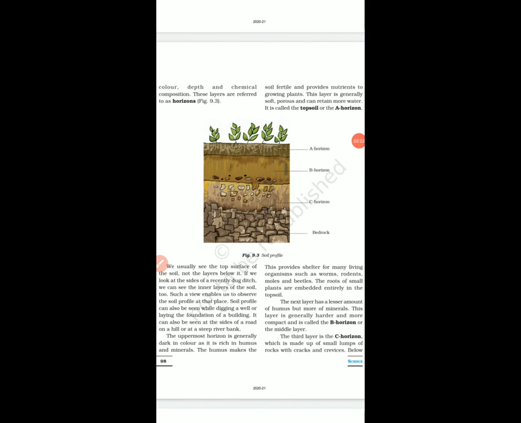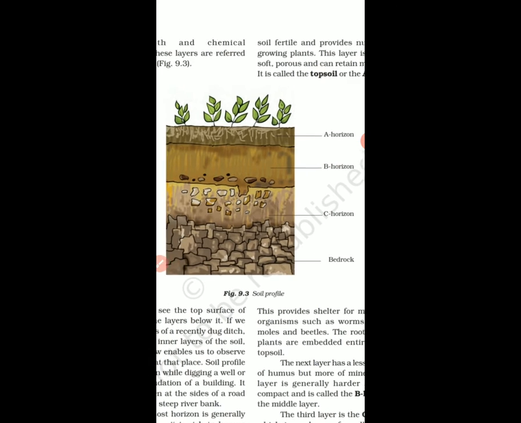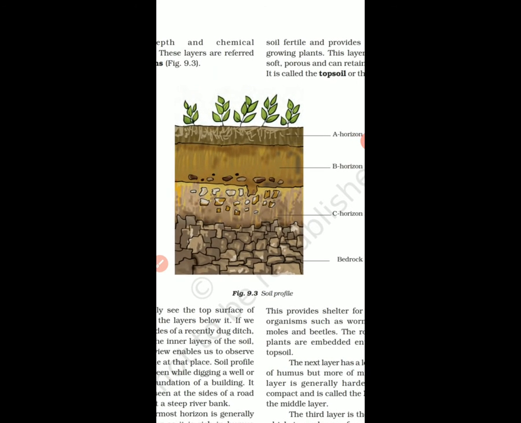You can draw the diagram and label it of a soil profile. Here it is. Like this, you can draw the diagram and label it A horizon, B horizon, C horizon, and then the bedrock. Right? It can come in the exam.